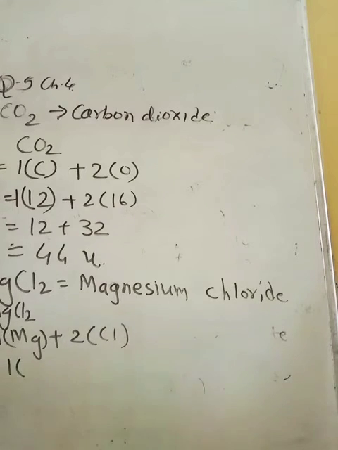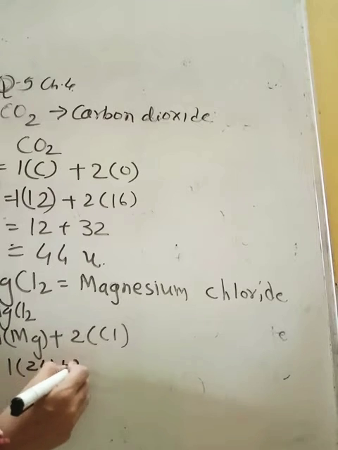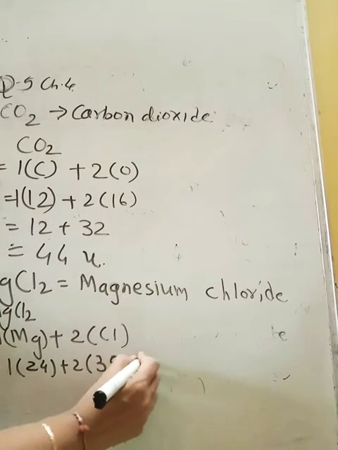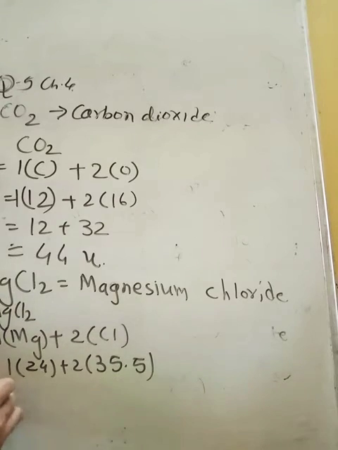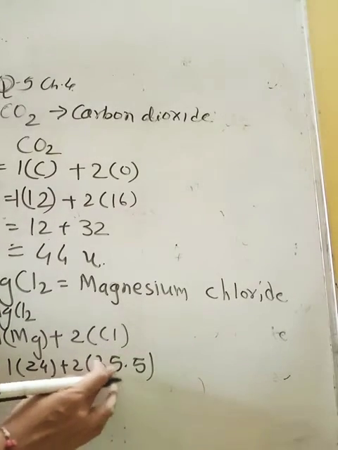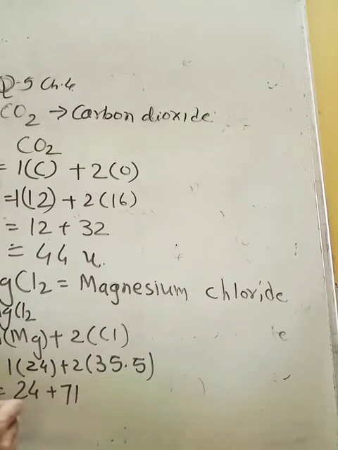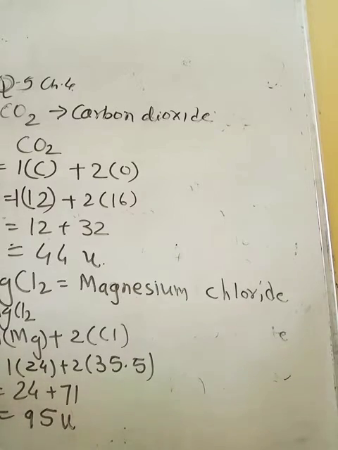Magnesium is 24 plus 2 into 35.5. So it is 24 plus 35 double is 70 and half is 1, that means 71. So it comes out to be 95 Dalton.